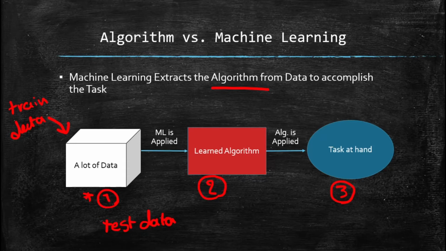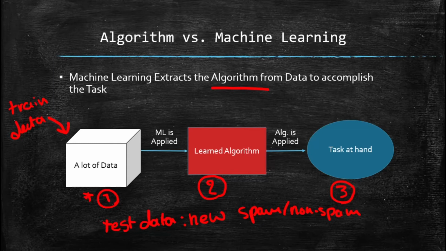It extracts the algorithm, and then when you give it test data, which is a new spam or non-spam email, your algorithm is expected to successfully flag it, or, as we're going to talk about later on, classify it into either spam or non-spam.